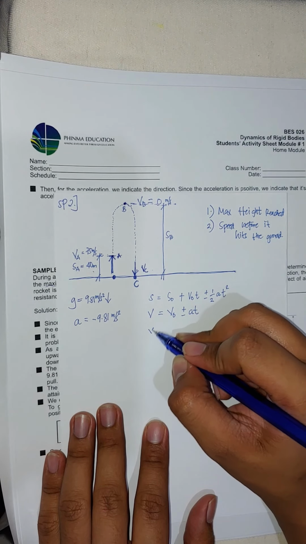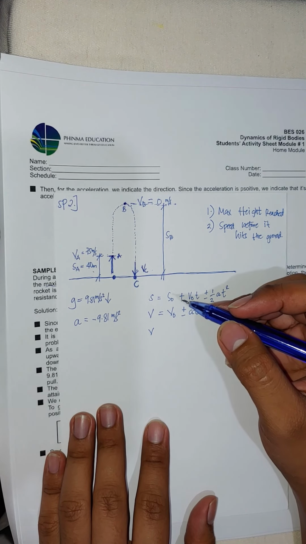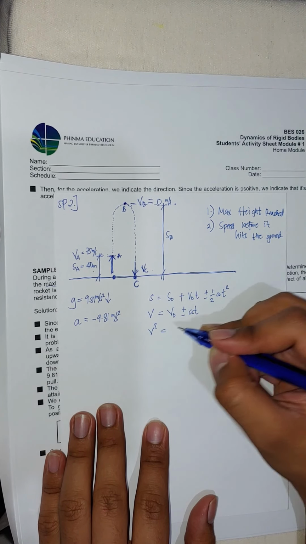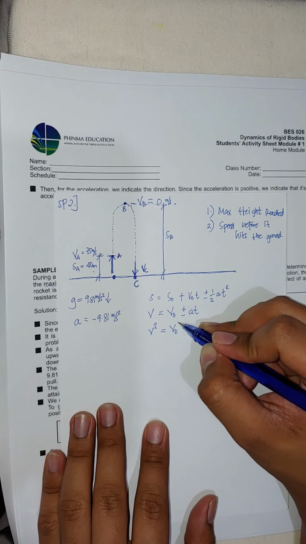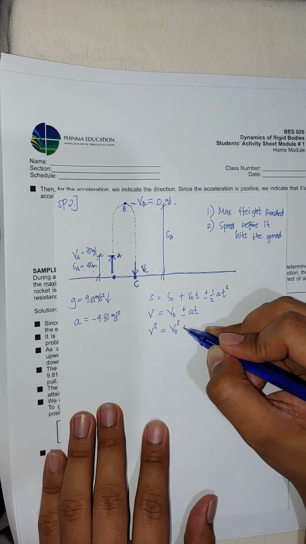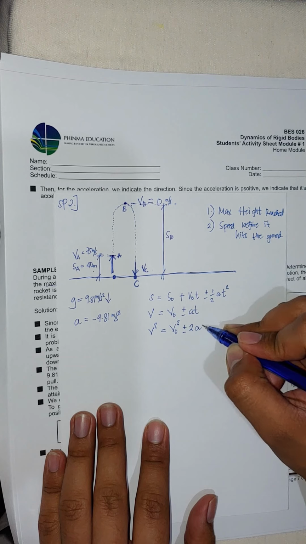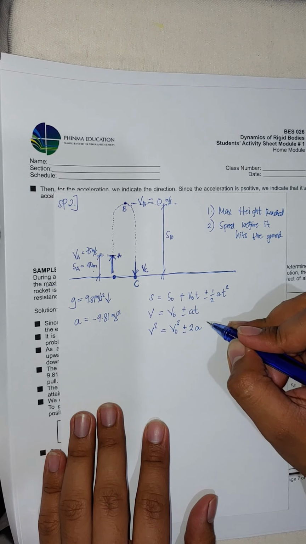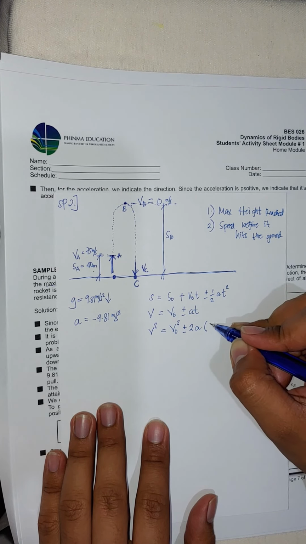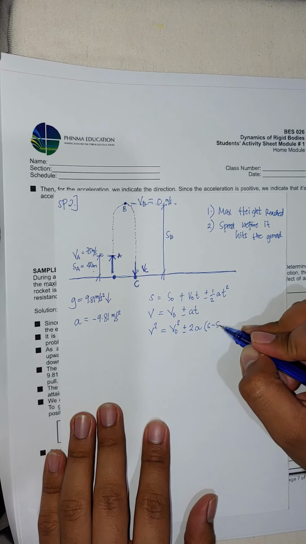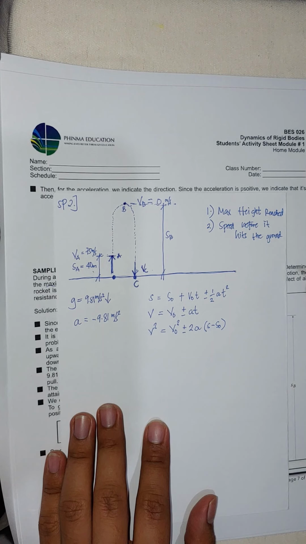And our third constant acceleration kinematic equation: the square of the final velocity is equal to the square of the initial velocity plus or minus twice the acceleration times the displacement, or the final position minus the initial position.